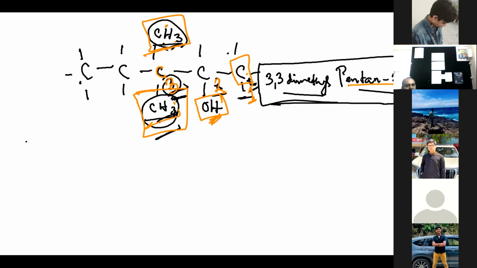Okay. So now I think enough of alcohol. One last small thing which we need to study is carboxylic acid. Carboxylic acid itself does not have any isomer.